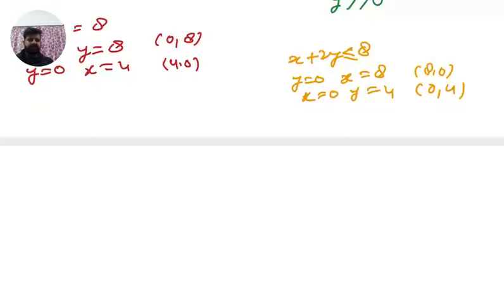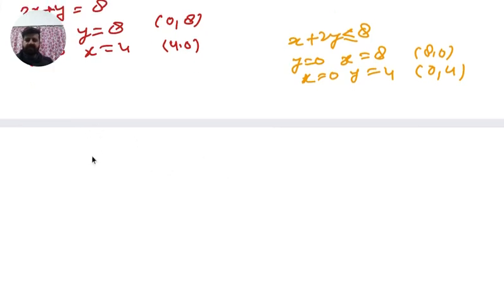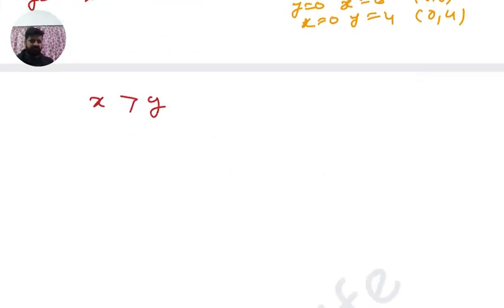Okay, one thing more. Suppose this is an inequality, x is greater than y. If you add something on the left hand side, if you add a, then you will add a on the other side.